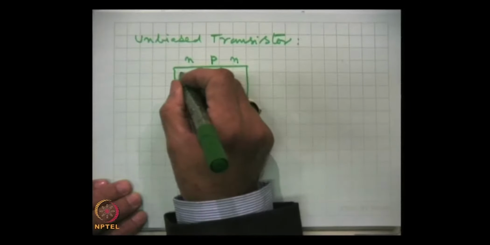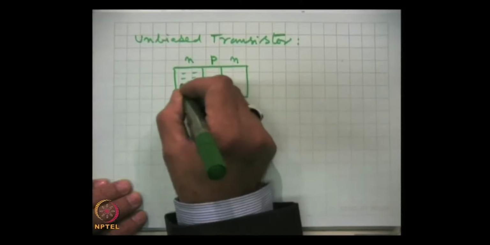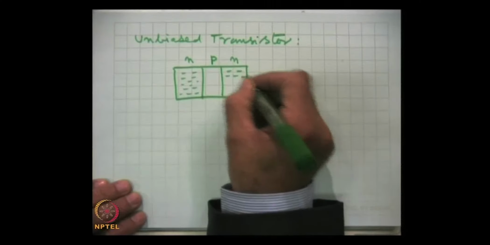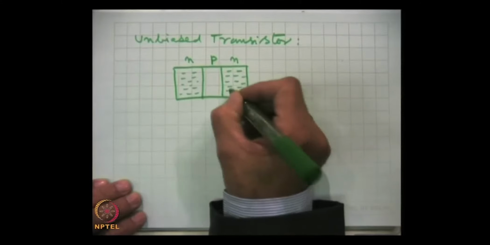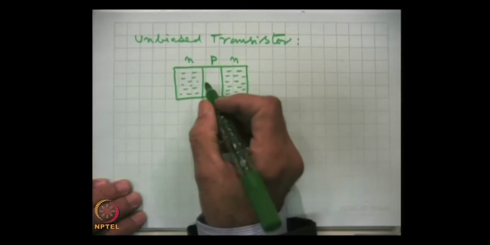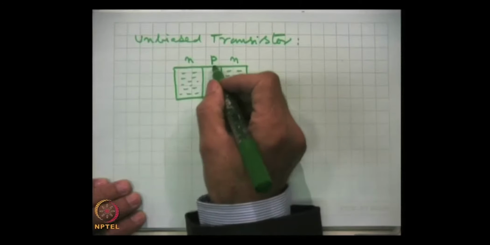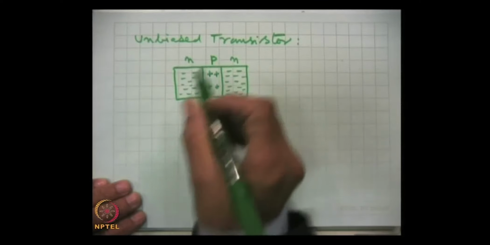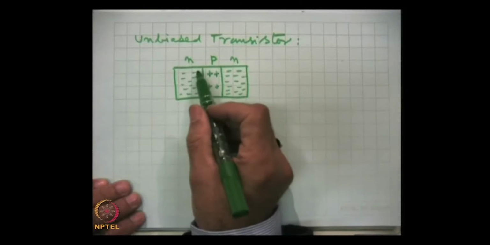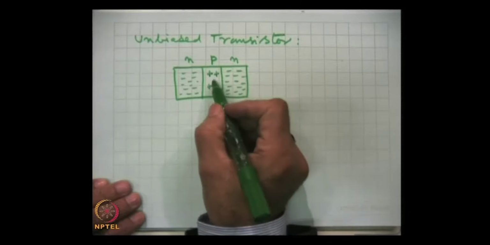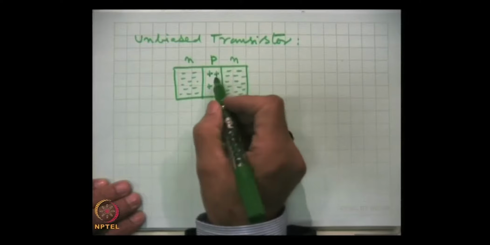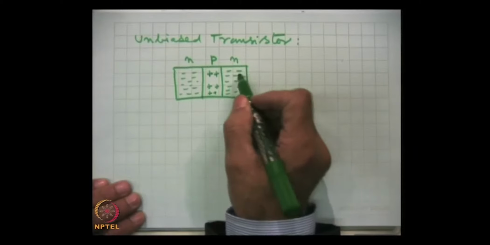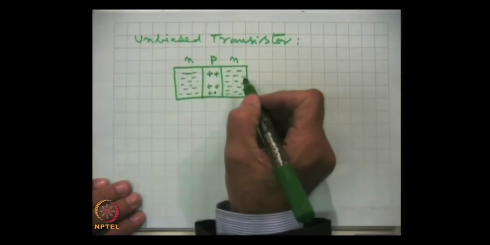Here there are majority electrons, here also majority electrons, and in the p type material, this is the base, there are holes. The emitter is very heavily doped, that means a very high density of electrons here. The base is very lightly doped, so there are fewer holes here, and this is the moderately doped n type collector.